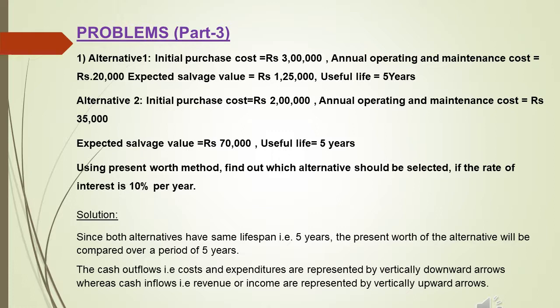The expenditures or costs will be downward arrows, vertically, and cash inflows like revenue and income will be in the upward direction. Since both alternatives have 5 years, the present worth of the alternatives will be compared over 5 years only. Okay, let's move.